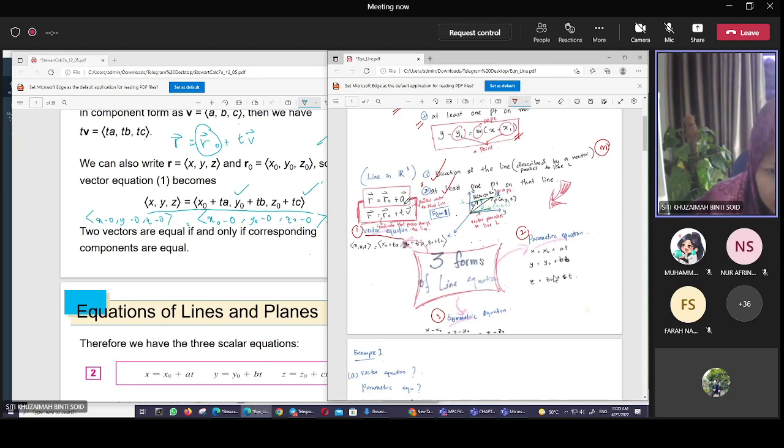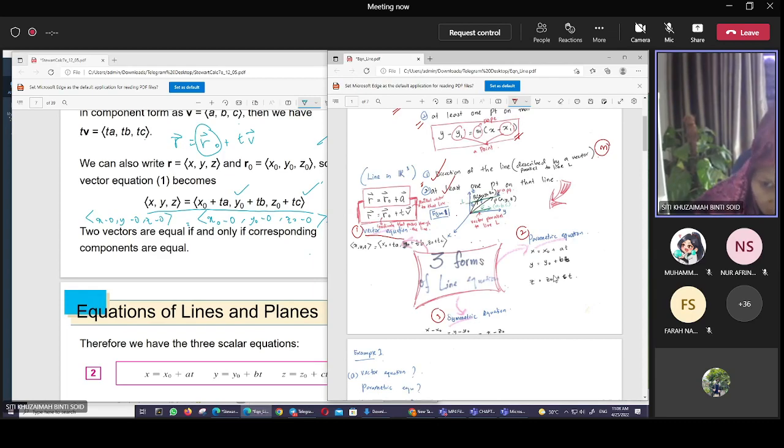It comes from the equation R equals R naught plus TV. If the question asks, you have to start from R equals R naught plus TV and write that formula. R naught is the point the line passes through, and V is the parallel vector. Imagine it like this, and this vector must be parallel to the line.